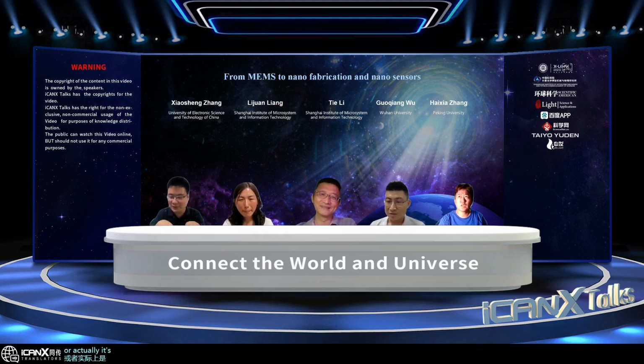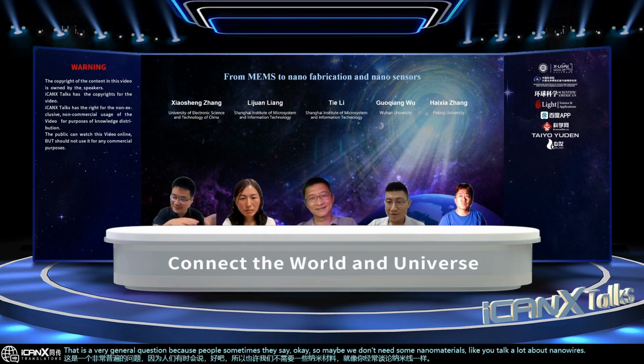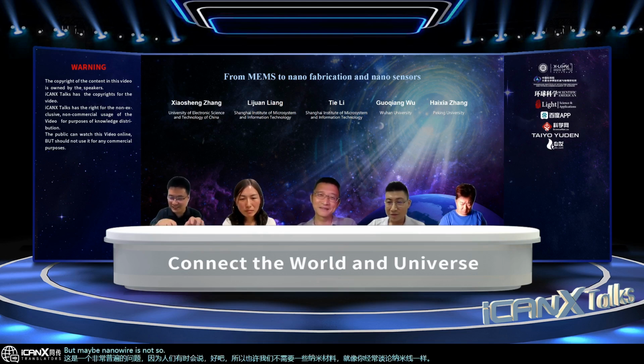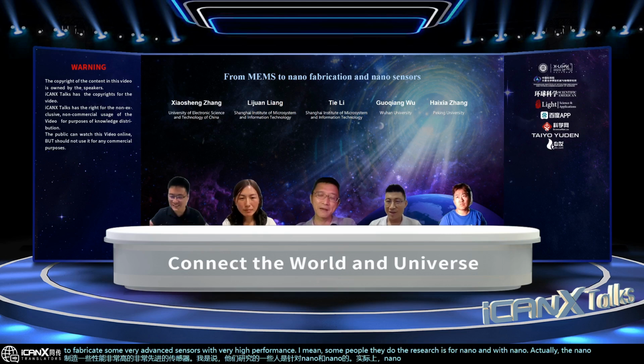It's hard to say, a very general question, because people sometimes say maybe we don't need nanomaterials. You talk a lot about nanowires, but maybe nanowires are not really necessary to fabricate very advanced sensors with very high performance. Some people do research for nano and with nano, but actually nano is not necessary. So it's a very tough question.